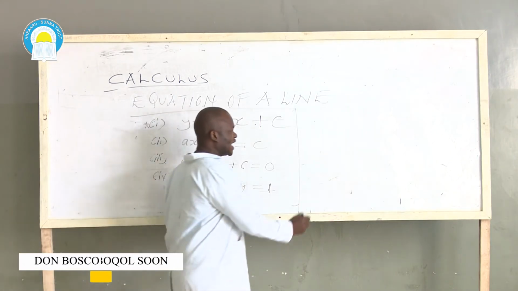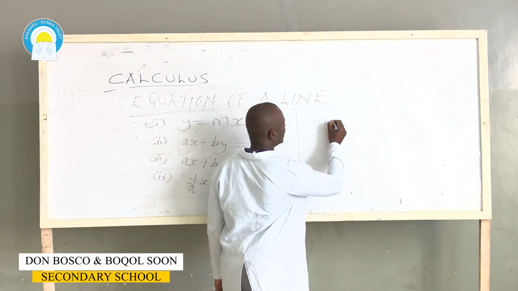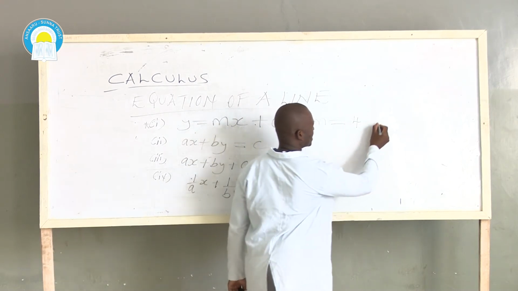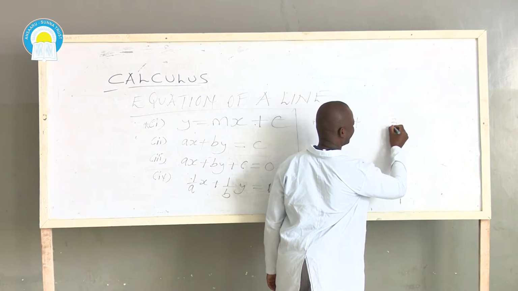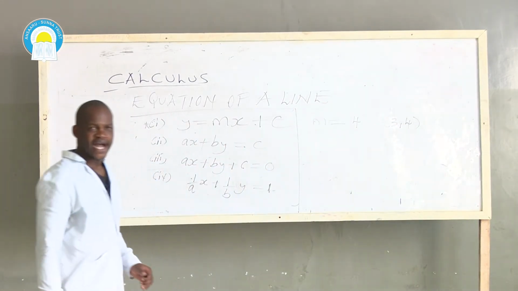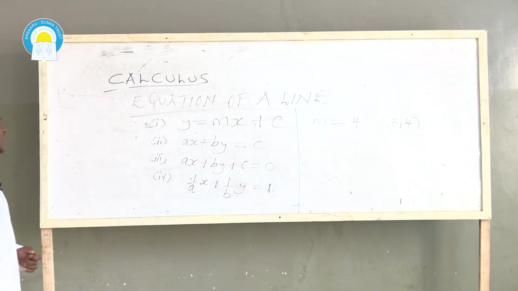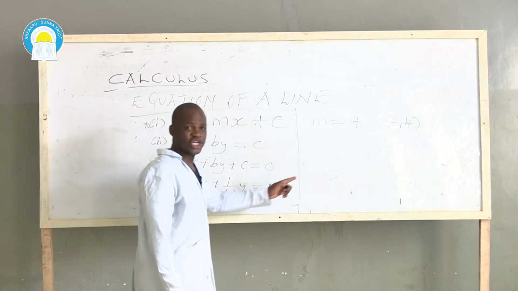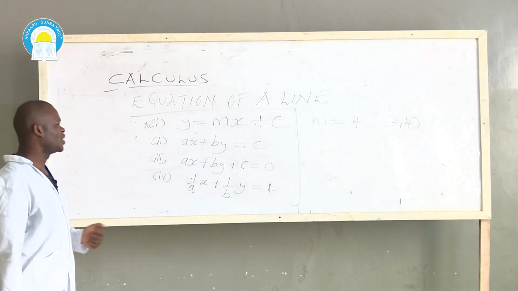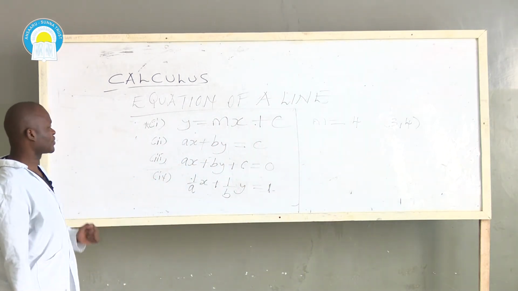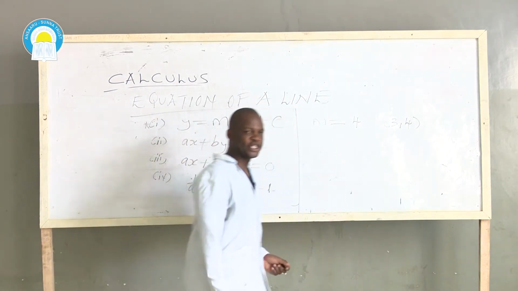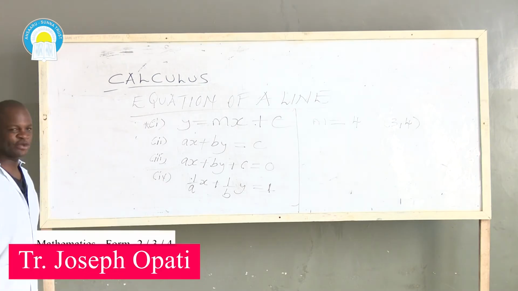So given a line with a gradient of 4 and the line passing through the point 3, 4, we already have the key requirement which will enable us to get the equation of a line. We have the gradient, we have a point where the line passes through.